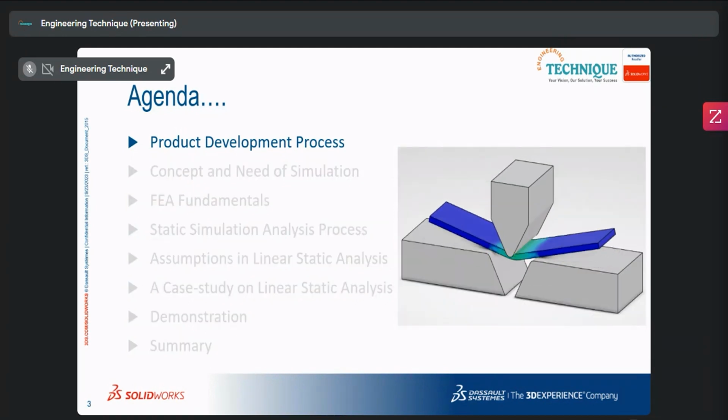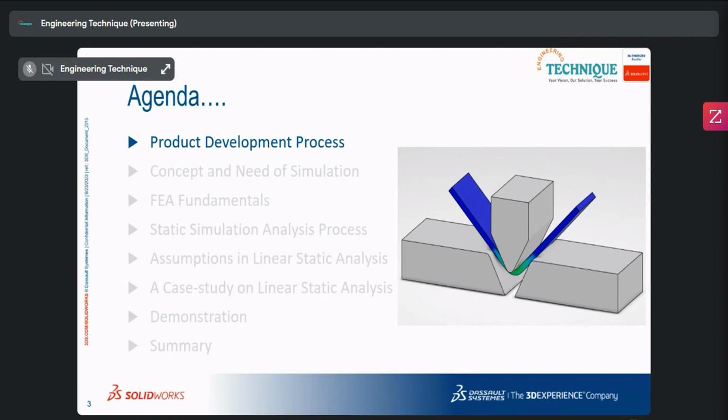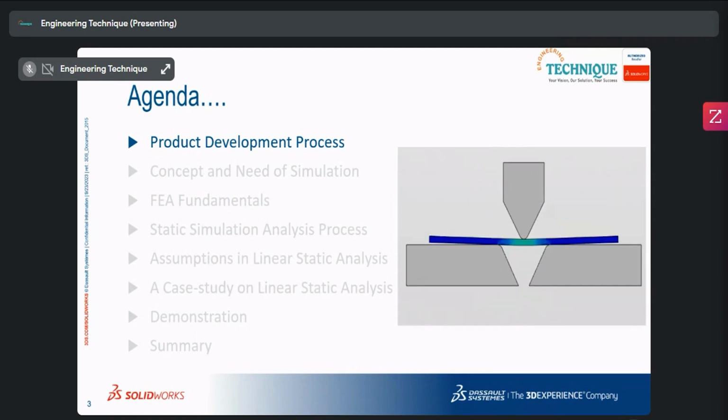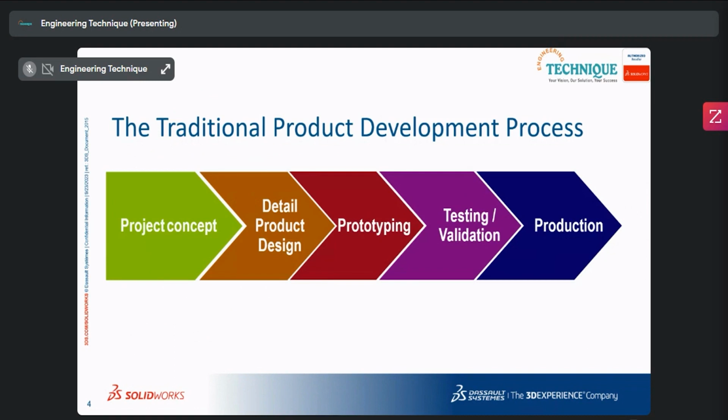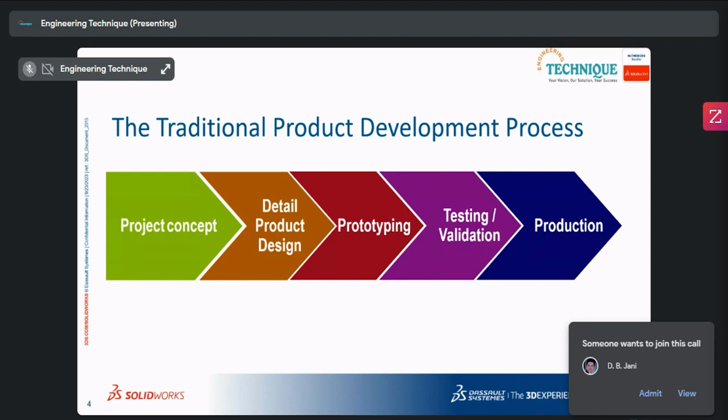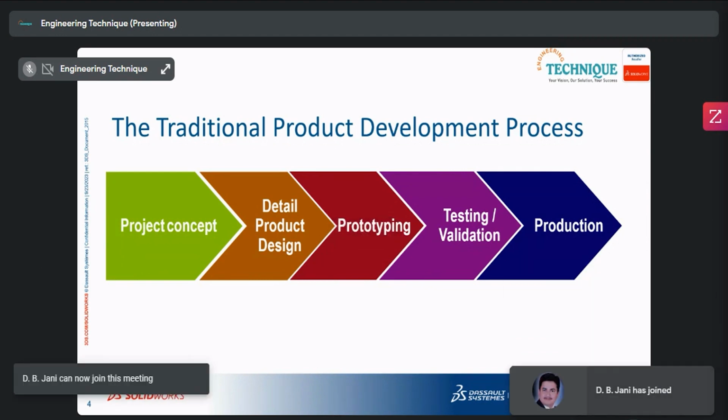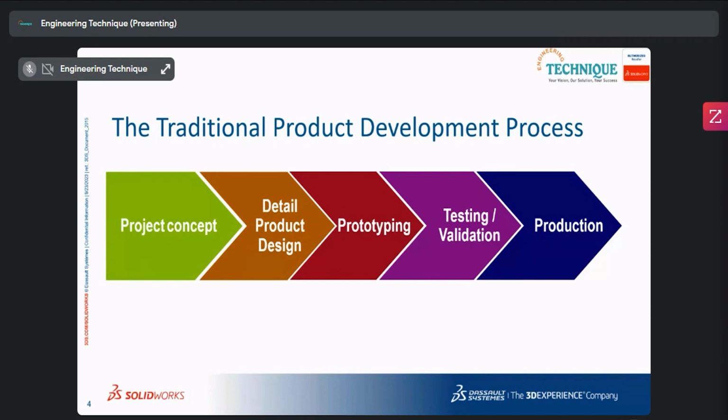Okay, let's begin with the product development process. So, what is the product development process? For any company, the main objective is to sell a product in the market. Before going to the market, the product must pass through various stages.